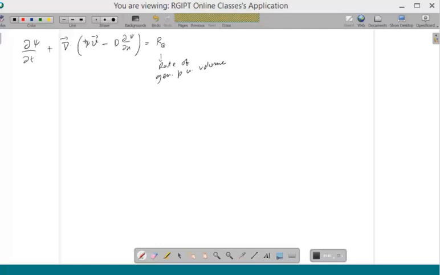Now here, if you see, you have derivatives appearing, with respect to time and space, spatial coordinates, because del would involve del by del x, etc. Here I have del by del x, and there is a del by del t over here. So you have essentially a PDE in general.